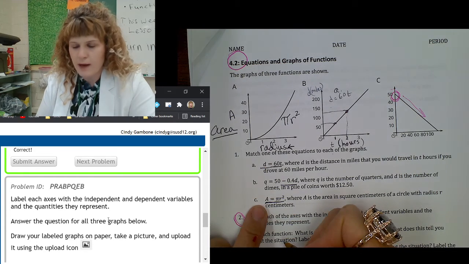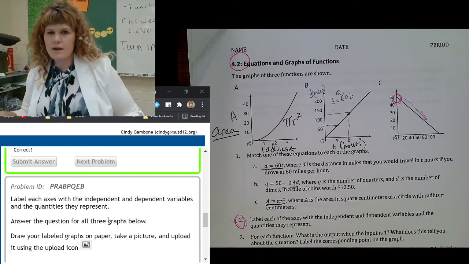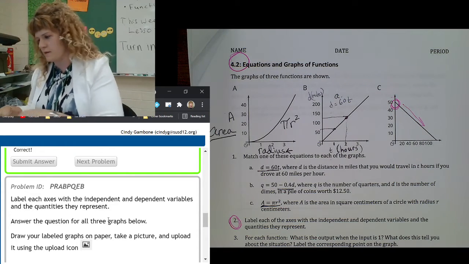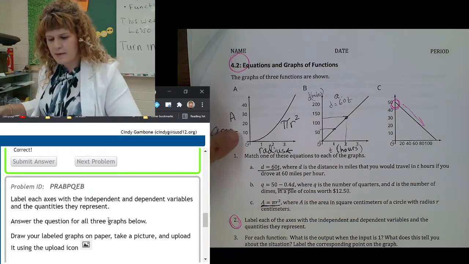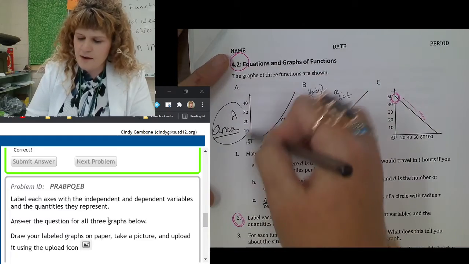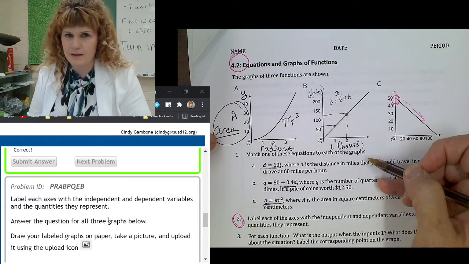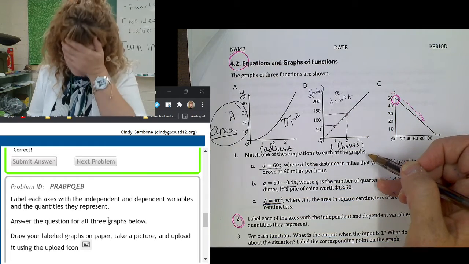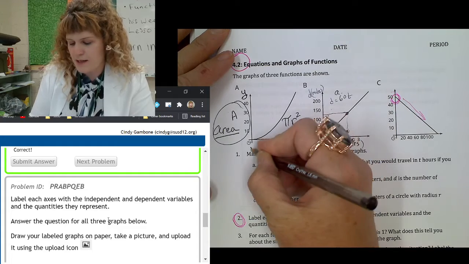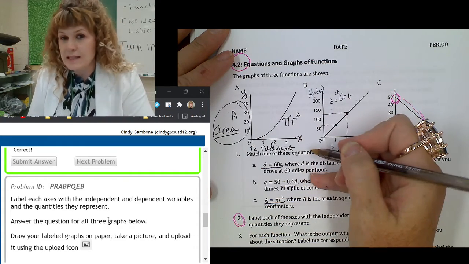A equals pi r squared. A comes first. The area of the circle depends on the radius of the circle. So you can label this on your graph and then take a picture. Make sure you have area on the y-axis because that's the dependent variable. And make sure you have r, radius, on the x-axis because that is the independent variable.